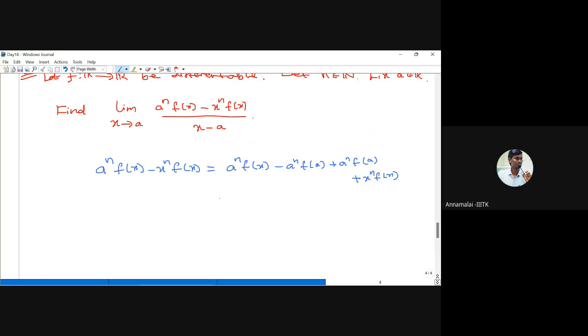Now we can take a^n outside from the first two terms. We get f(x) - f(a). Plus, from these two terms you cannot take anything outside.